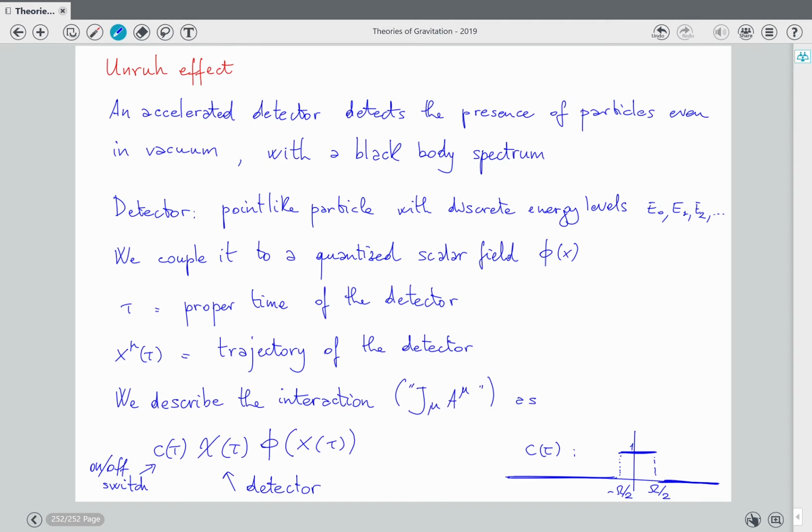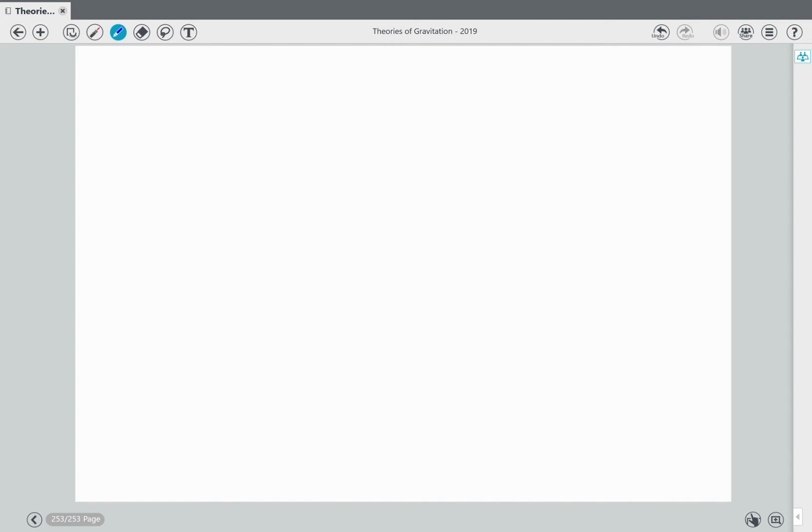At the end, we will send omega to infinity. So it will be large, but we need a cutoff, because in quantum mechanics, maybe you remember, we are interested in the probability per unit of time. And otherwise, we will get infinity.